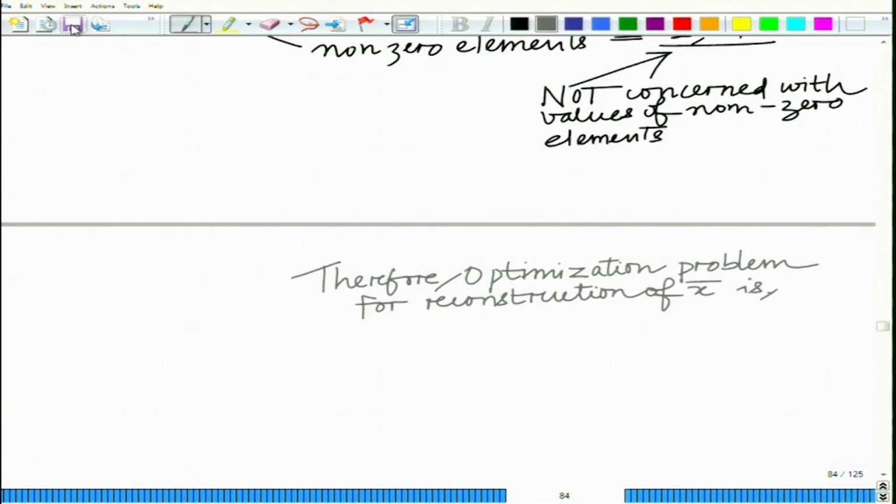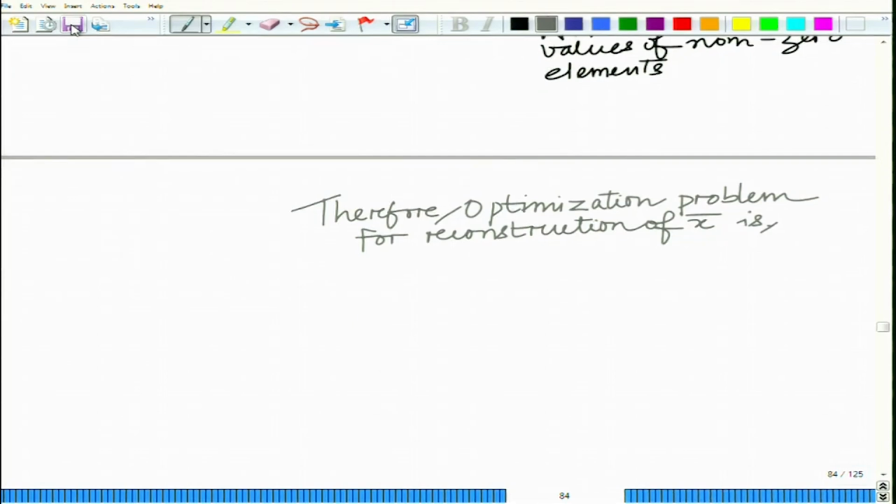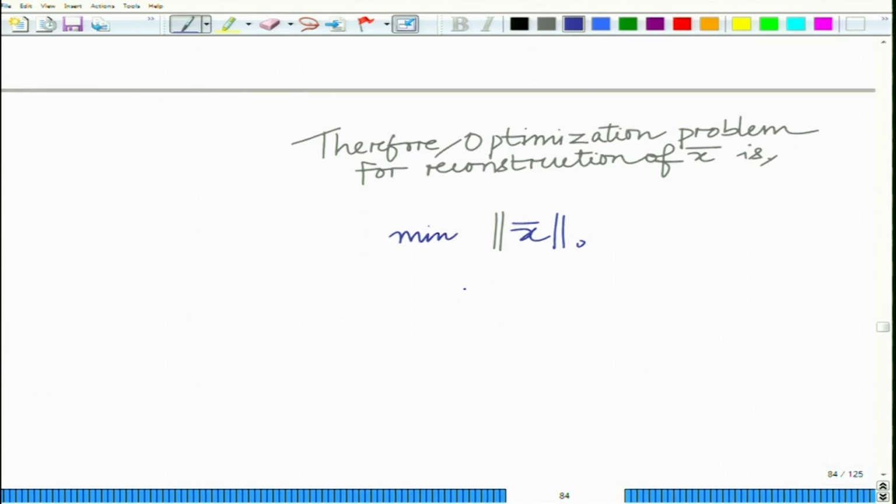Therefore, the optimization problem for reconstruction of x bar is the same thing that we talked about. We have the sensing model, we want to minimize the L0 norm, subject to the constraint that y bar equals phi times x bar.